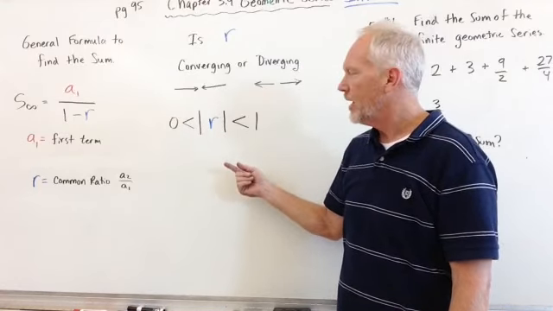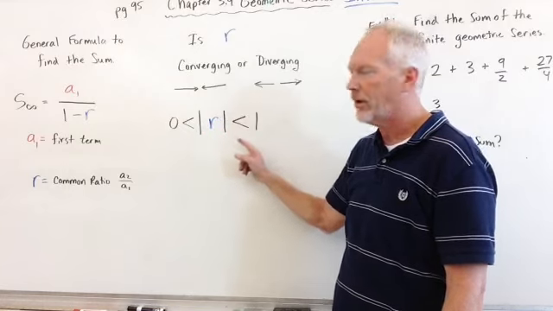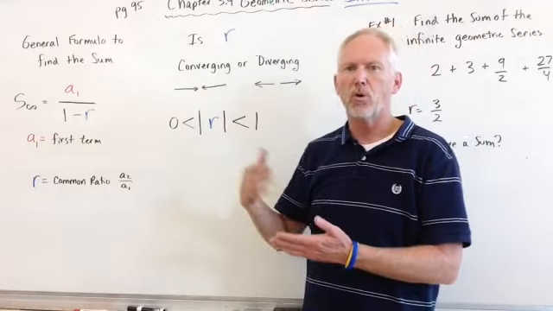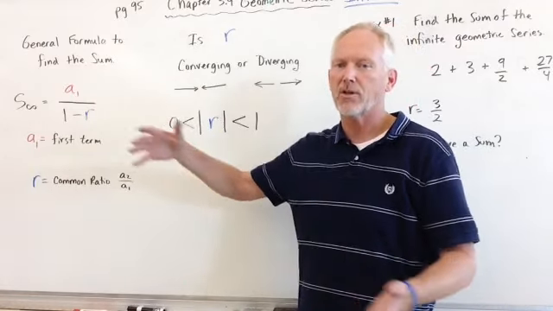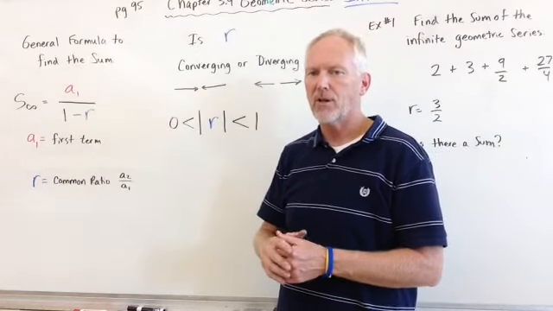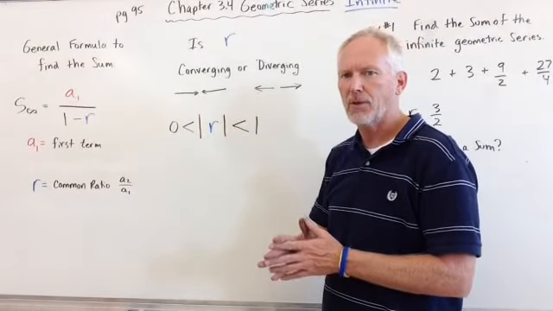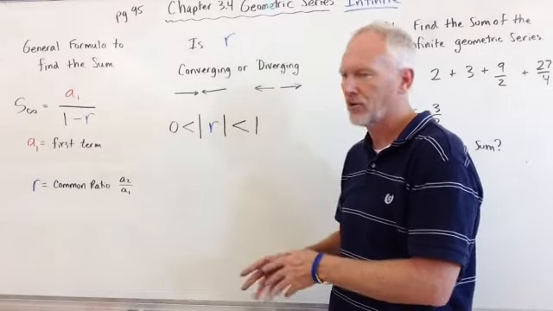And that's what this means: the absolute value of r is less than 1, but also greater than 0. Because we could have something being multiplied by -2 and -2 and -2, and that number could still be growing, although it's getting bigger negatively. So we want that r value to continue to break a number down, and that's what the fractions do for us.